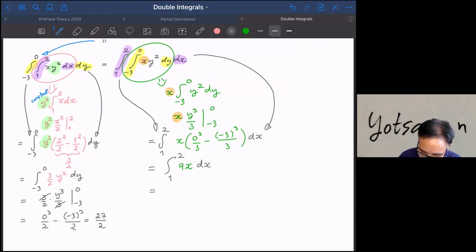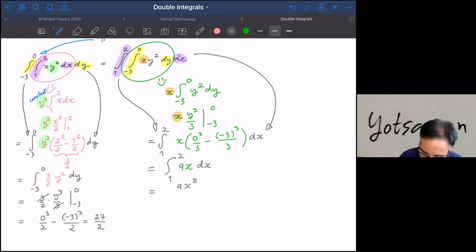This guy will be 9x squared over 2 from 1 to 2, so it's going to be 9 times 2 squared over 2 minus 1 squared over 2.